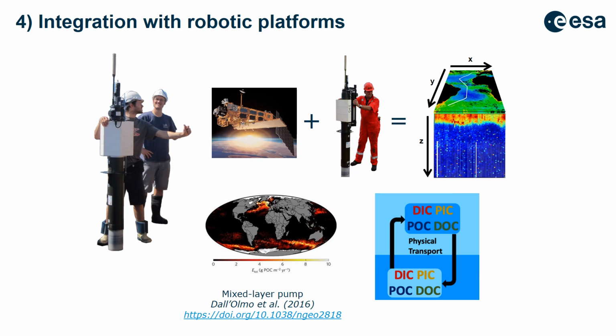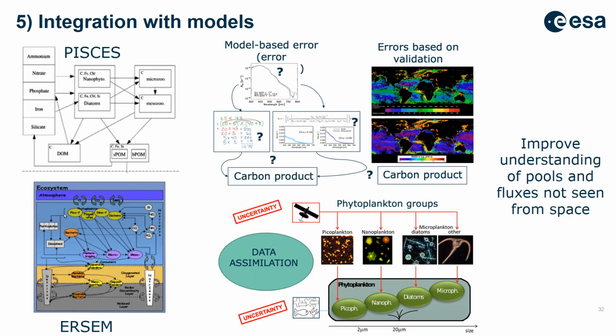So fluctuations in the mixed layer before the spring bloom was pumping lots of carbon down to depth. So this is the real frontier in ocean carbon monitoring at the moment, linking satellite observations with these robotic platforms.